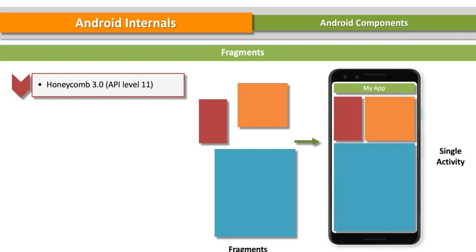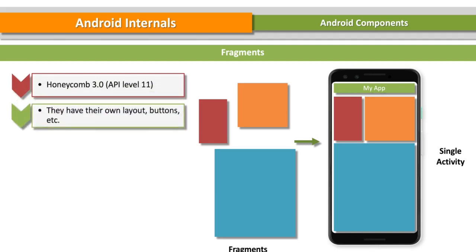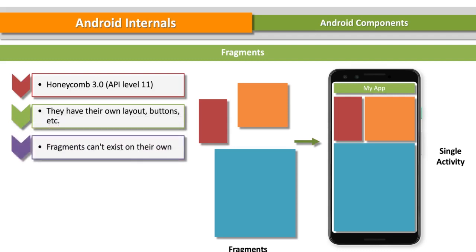So fragments are autonomous entities, and that means that they include all of their required components. They've got their own layout, buttons, etc. However, they must be integrated with activities in order for them to be useful. Fragments can't exist on their own.